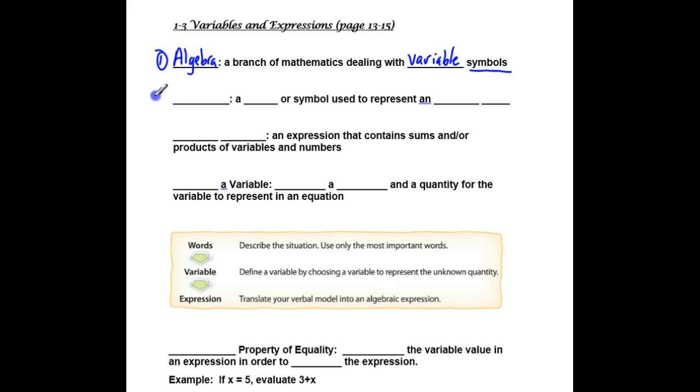Okay, well, the next word is variable. And a variable is basically a letter or a symbol. Usually for us, it will be a letter that's used to represent an unknown value. Okay, so word 3, algebraic expression.